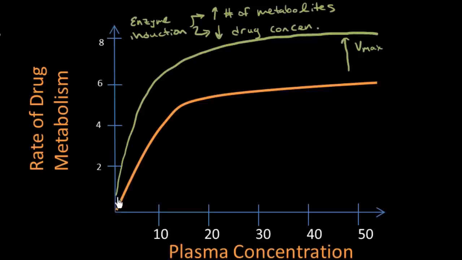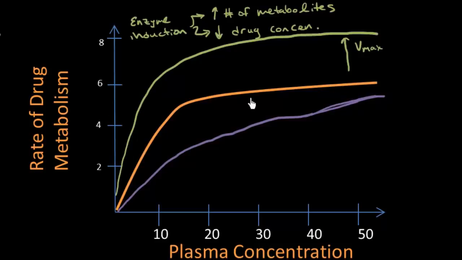So if there's a competitive inhibitor present, what happens is that the rate of drug metabolism is going to be lower. And it's going to be lower at most dosages, up to a certain point. And at this certain point, once the plasma concentration of the drug being metabolized, that primary drug, really goes up, these kind of equal out.